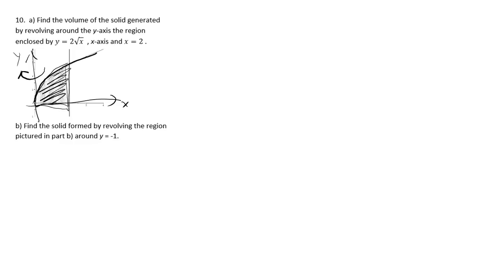Now we will just do the washer method here. The washer method says that if you do a cross-section like that, then after you rotate it, the cross-section will look like a washer. So it'll be like a circle inside a circle, and you only get this much.